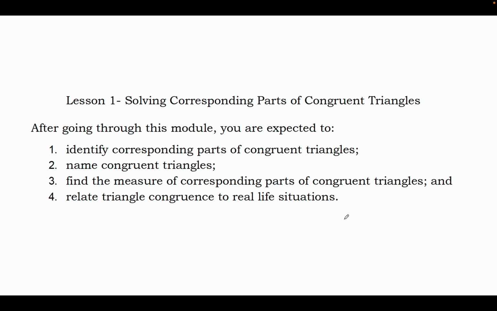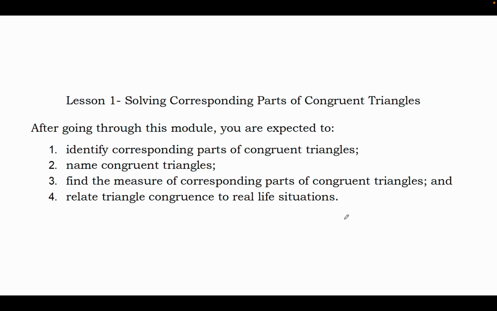Okay. So for Module 5, you're expected to identify corresponding parts of congruent triangles. Well, similar to what we did earlier. Number 2, name congruent triangles. Yes, I think you are really good at it.